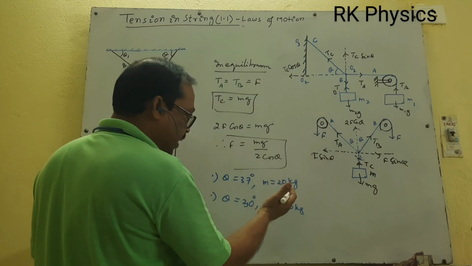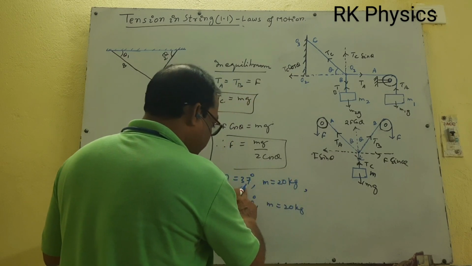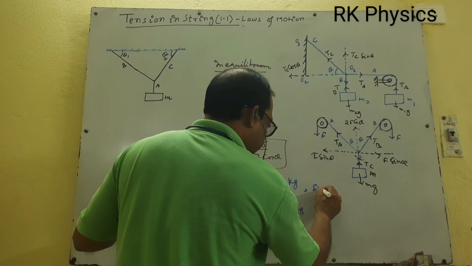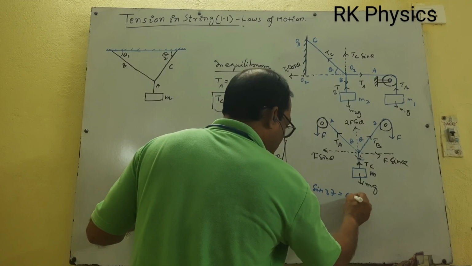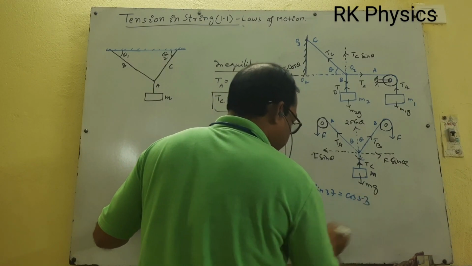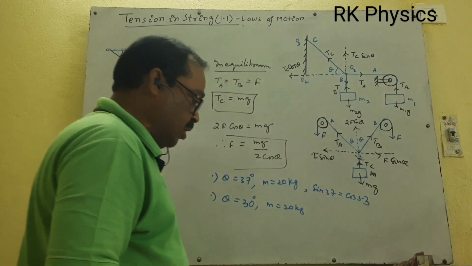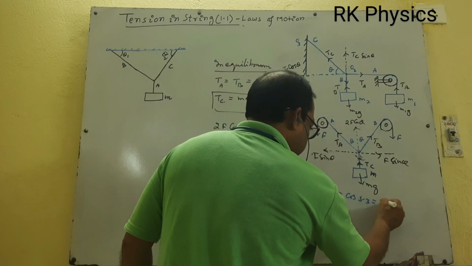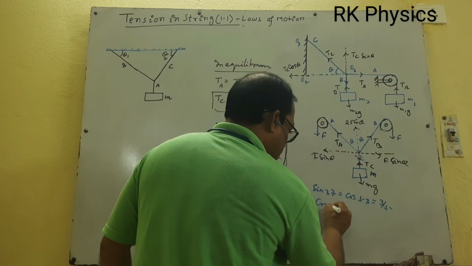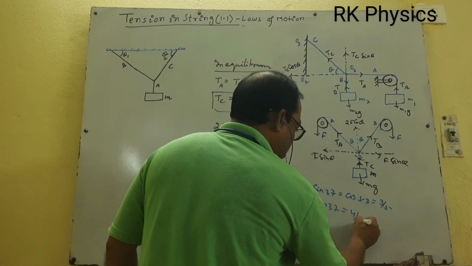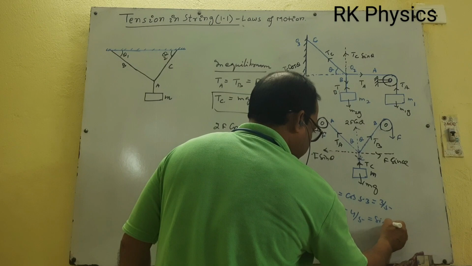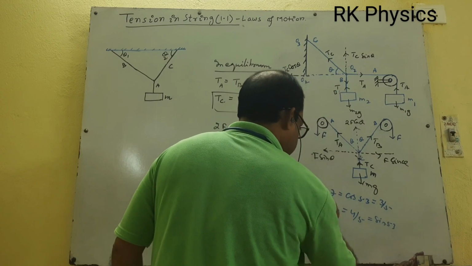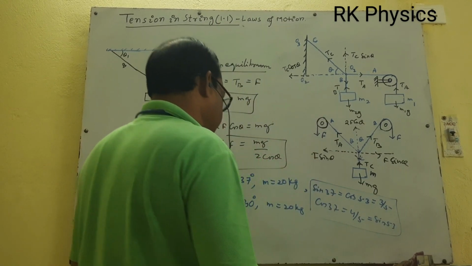I am changing the angle. Here I will write sin 37 equal to cos 53, that equal to 3 by 5, whereas cos 37 equal to 4 by 5, that equal to sin 53. If necessary, you can use this data.